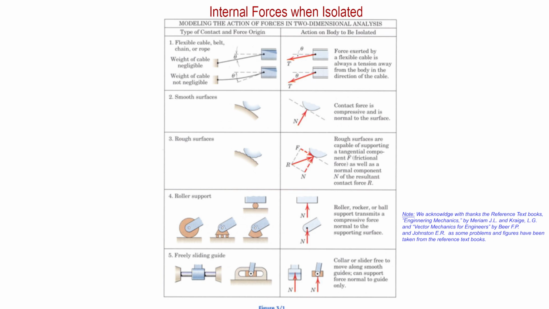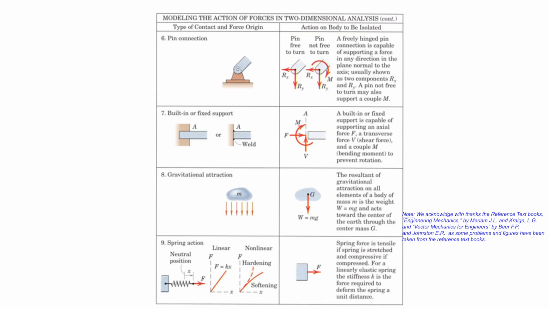Then we have the one which I already analyzed, the pin connection. The pin connection can be replaced by two forces, Rx and Ry, which I said. But why did he also show M?